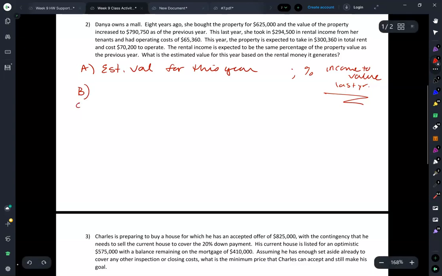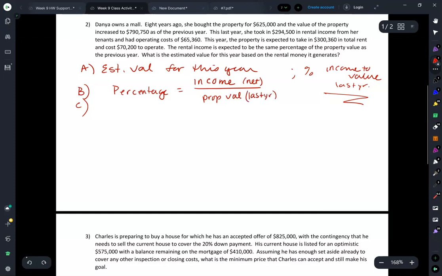So again, B and C kind of run together here, a little bit. But I want you to focus on figuring out what the percentage is. So we're going to look at the percentage equaling income. So it's really the net income over the property value for last year.